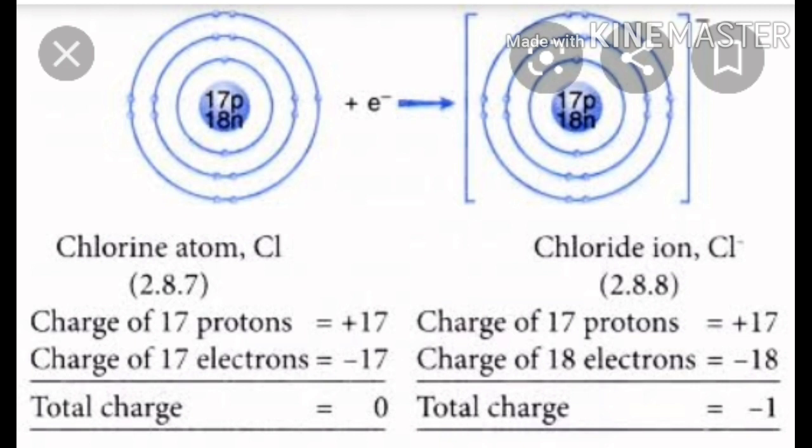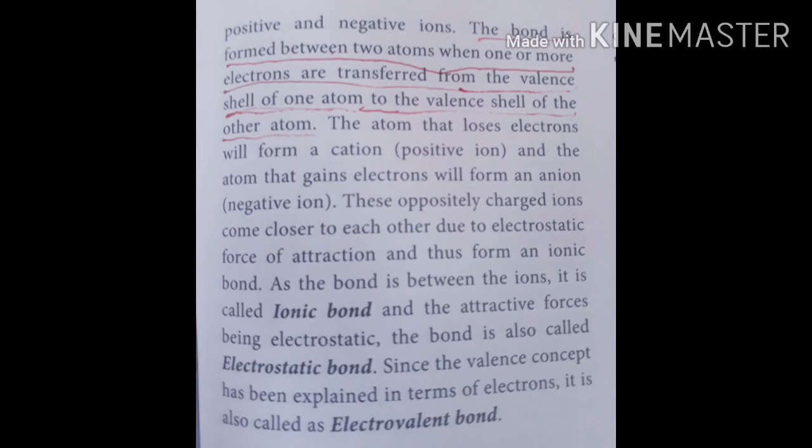If an atom loses an electron, it will become a positive ion. If an atom gains an electron, it will become a negative ion. These positive and negative ions have a bond between them. That bond is called an ionic bond, and it is because of the electrostatic attraction between the positive and negative ions.